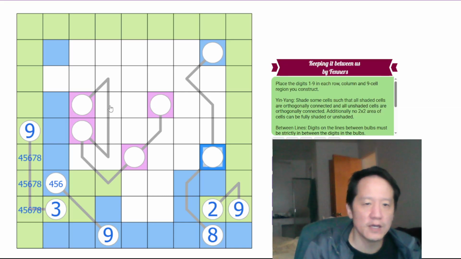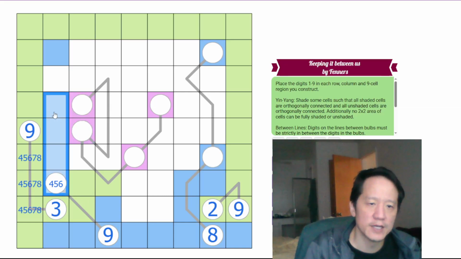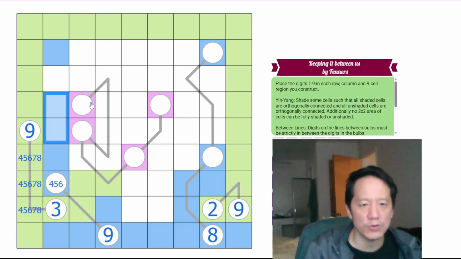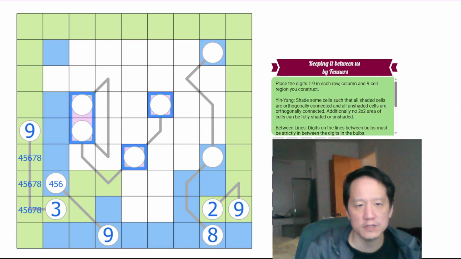Okay, so pink cannot be blue because we know, again, this has to see 4 different cells at least, because it sees 3, and then this is the 3, so this can't be 3 at all. So if these 2 regions were blue, we would have a 2 by 2 area which is all blue. So the pink actually is green. So those are all green.